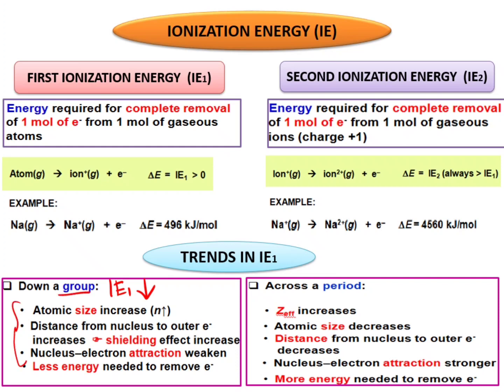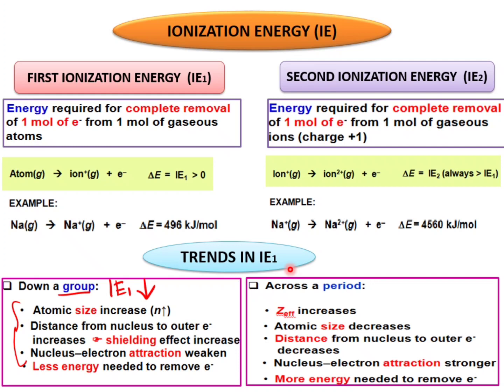Okay. Alright, next, if across a period effective nuclear charge increase. Nampak? Sebab kita tahu bilangan proton increase. So atomic size will decrease. Size semakin kecil kelas. So bila size semakin kecil, the distance from nucleus to outer electron become decrease. Semakin dekat dengan nucleus.